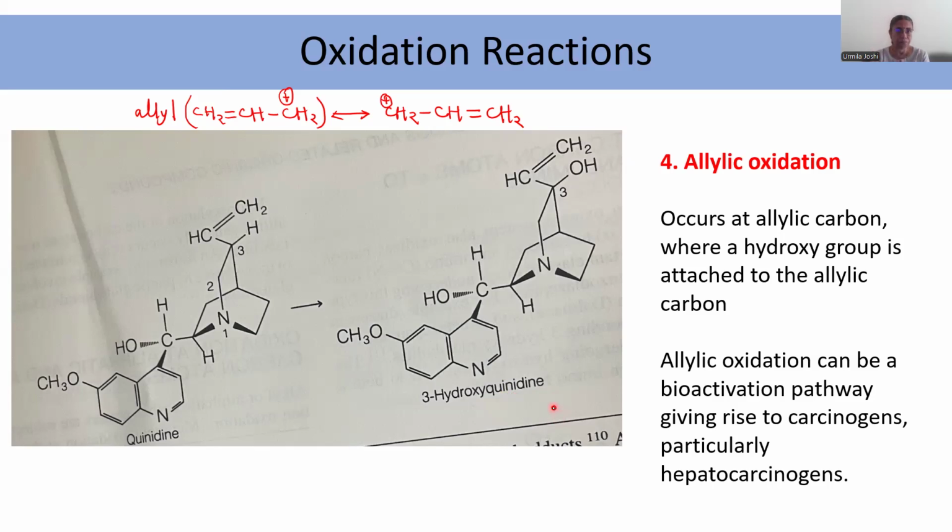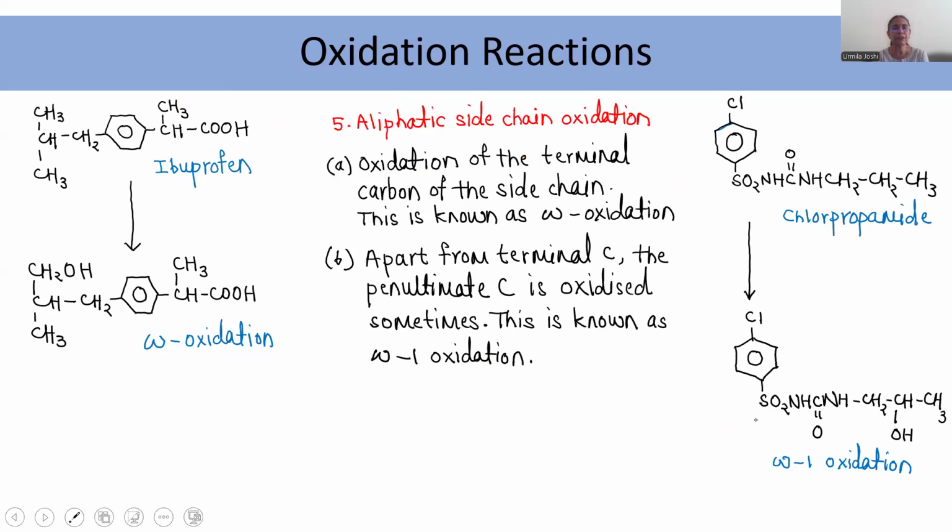Sometimes this pathway, that is the allylic oxidation pathway, can be a bioactivation pathway, and this can give rise to carcinogens, particularly hepatocarcinogens. So that is about allylic oxidation.